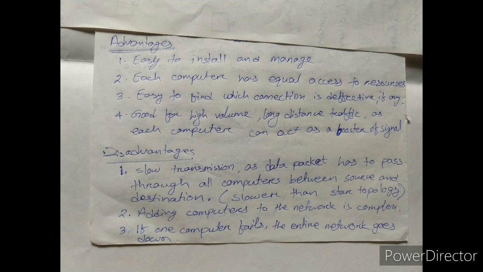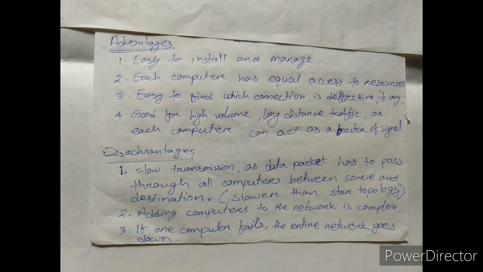But there are some disadvantages too. Because every node will receive the information and then send it to the next one, the transmission of data is very slow. And if you want to add another computer in the network, the process is a bit complex.